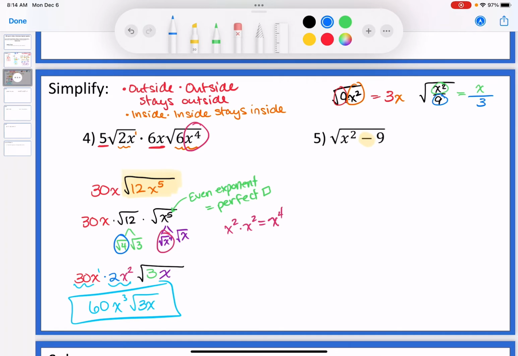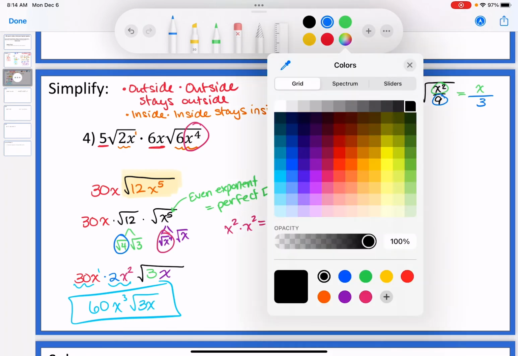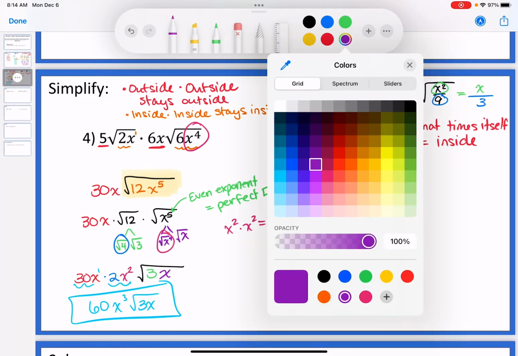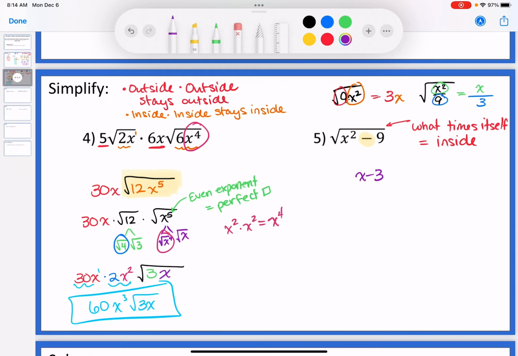So the first instinct is to say, okay, well that would just be x plus 3 or x minus 3, right? But remember that the square root here means what times itself equals the inside. So if I think it's x minus 3, square root of x squared is x, square root of 9 is 3, bring down the minus sign, right?